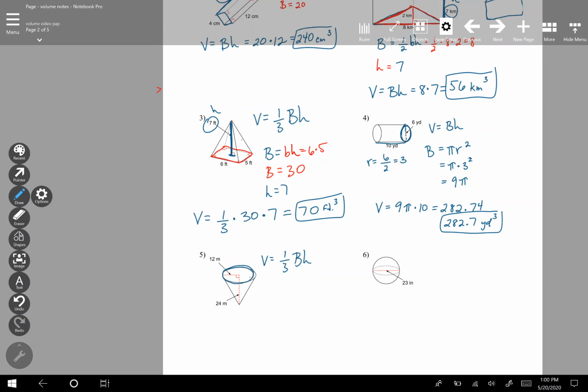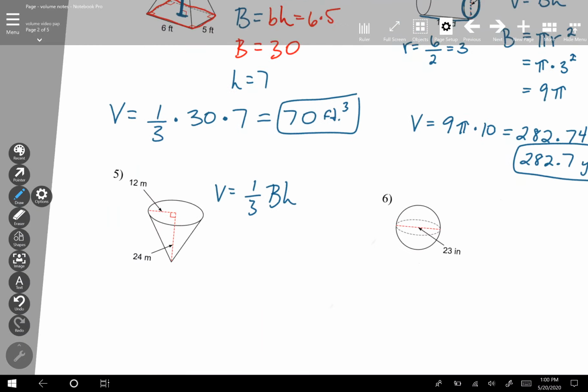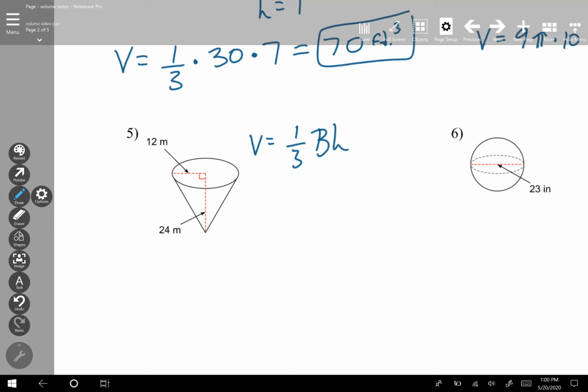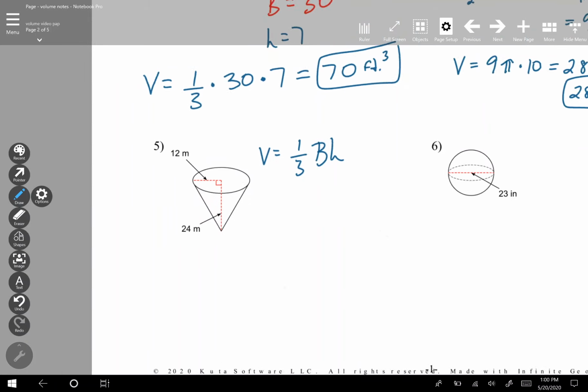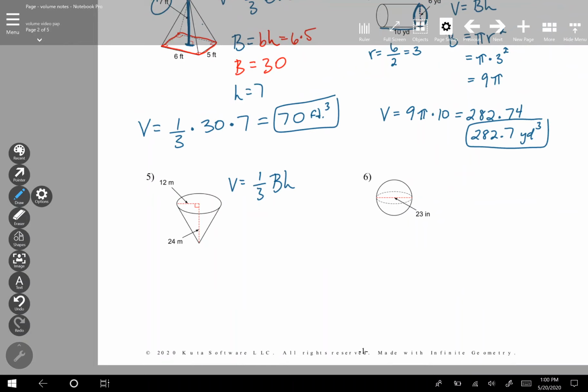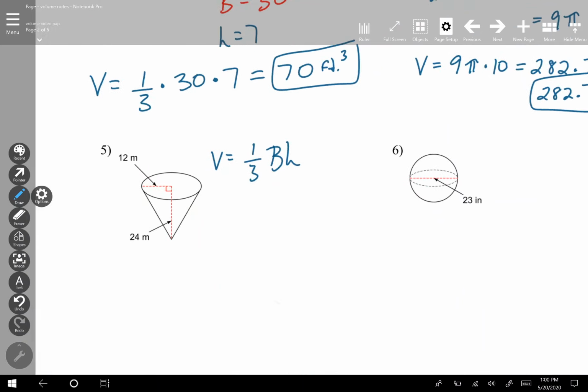So that's where that 1/3 comes from. And if you want to see it, there are some videos on YouTube where people actually demonstrate this. They take a cylinder and fill it up with water or sand or something like that, and then they pour it into cones, and you have to fill 3 cones with the same size circle to make up 1 cylinder. But that's just kind of where the formula comes from, if you're interested. So volume, 1/3 area of the base times the height.